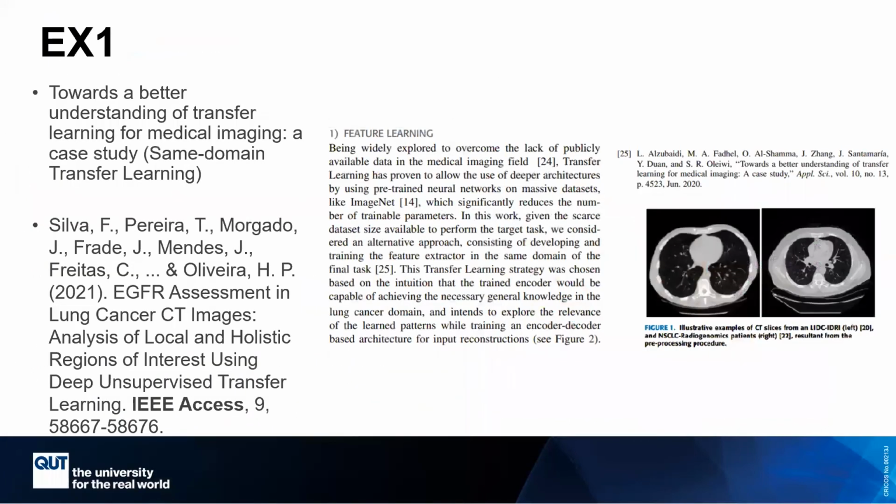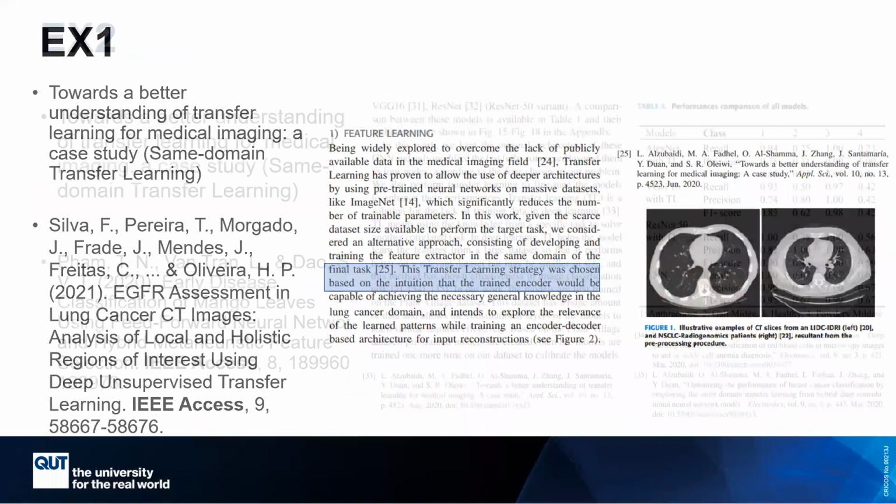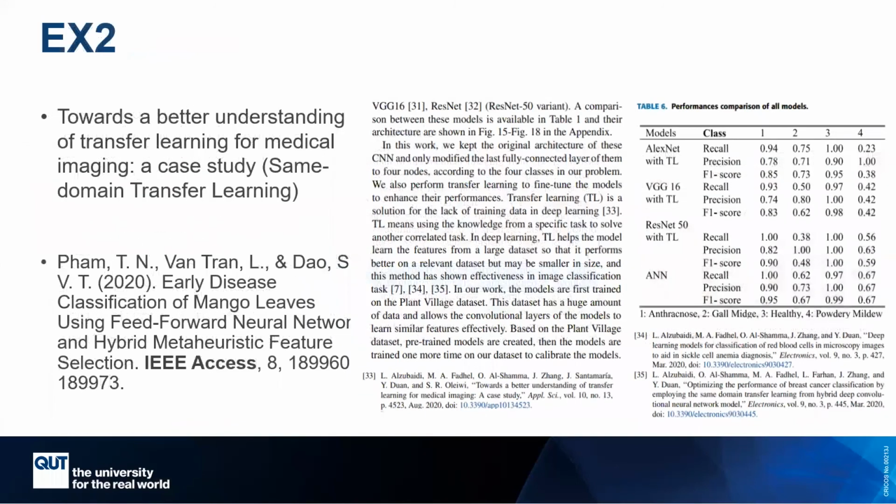The same concept that we proposed, using the same domain or a large dataset or double transfer learning, many papers have used the same technique for different tasks like CT, and they showed a significant improvement in performance. Another paper used it for agriculture and found that same-domain transfer learning is better than transfer from ImageNet.